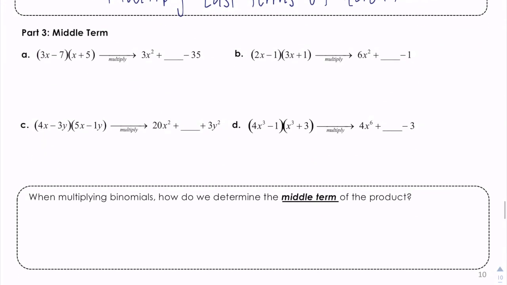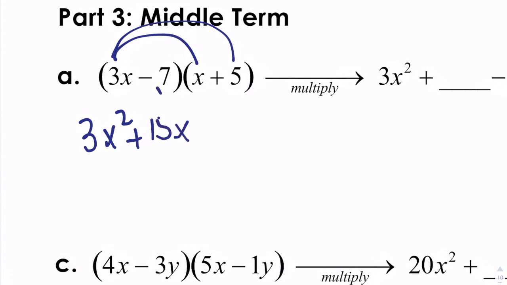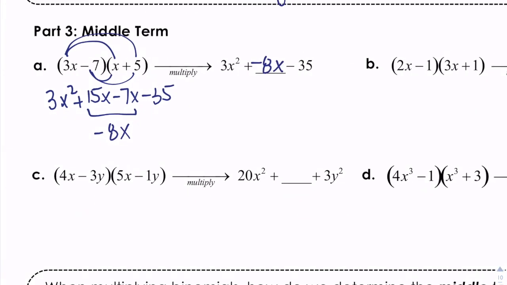Our middle term, so this one, let's multiply these two out. We get 3x squared plus 15x minus 7x minus 35. To fill in the blank here, we combine these like terms, and you get negative 8x. Or, I'm sorry, positive 8x.